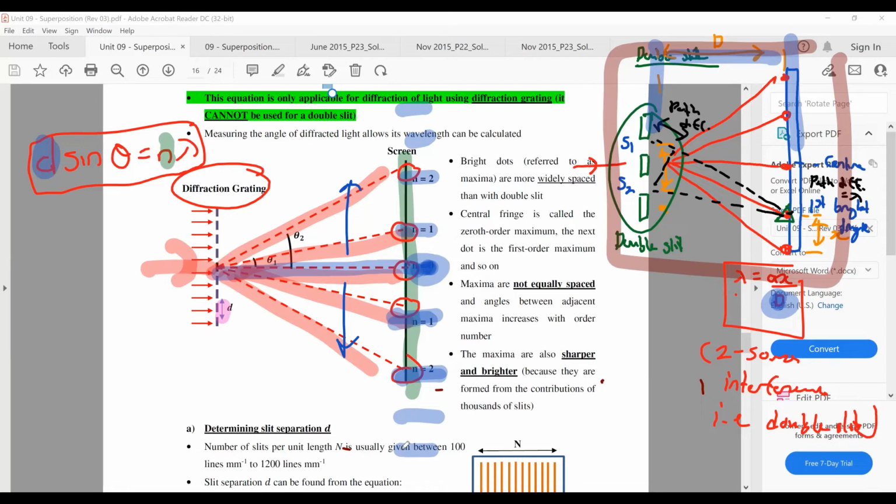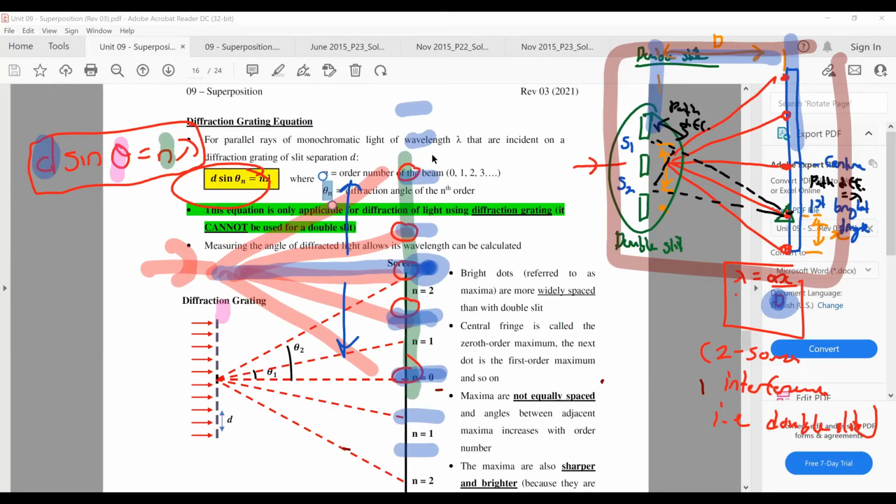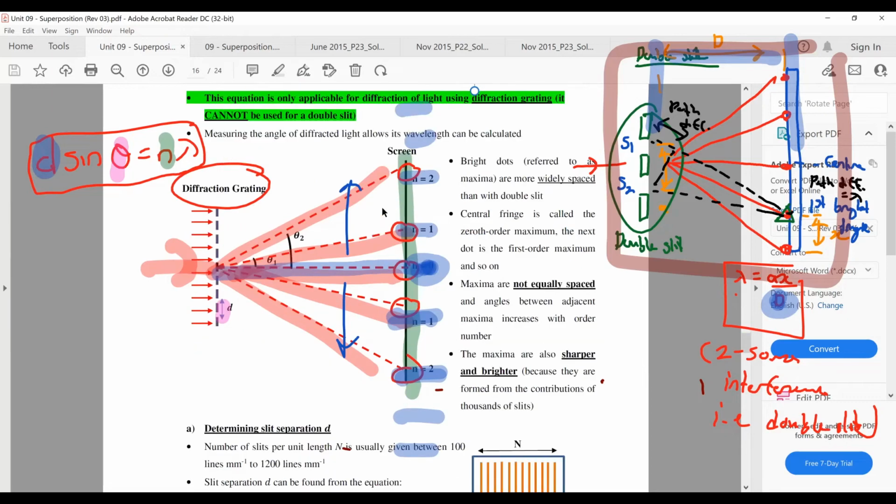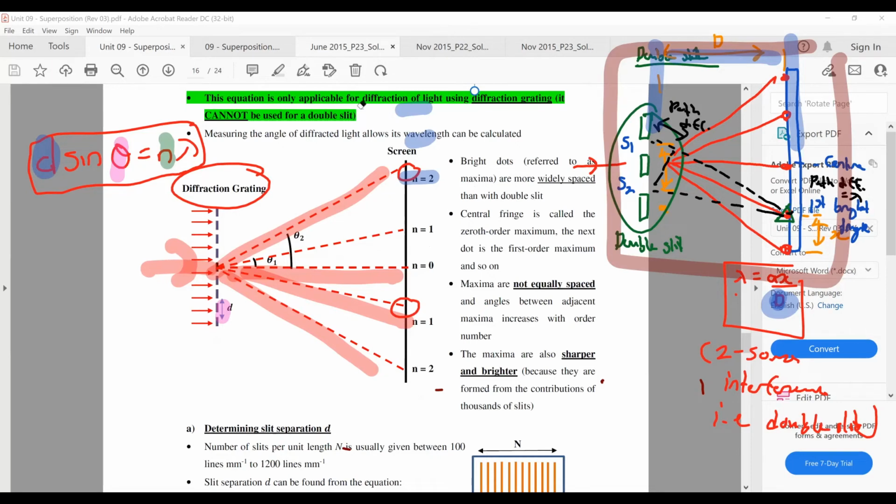And then the other thing here is the angle theta. Angle theta here refers to the diffraction angle. We call it the diffraction angle of the nth order. What do we mean by that is this. Say, for example, I'm doing a calculation that involves the first order.